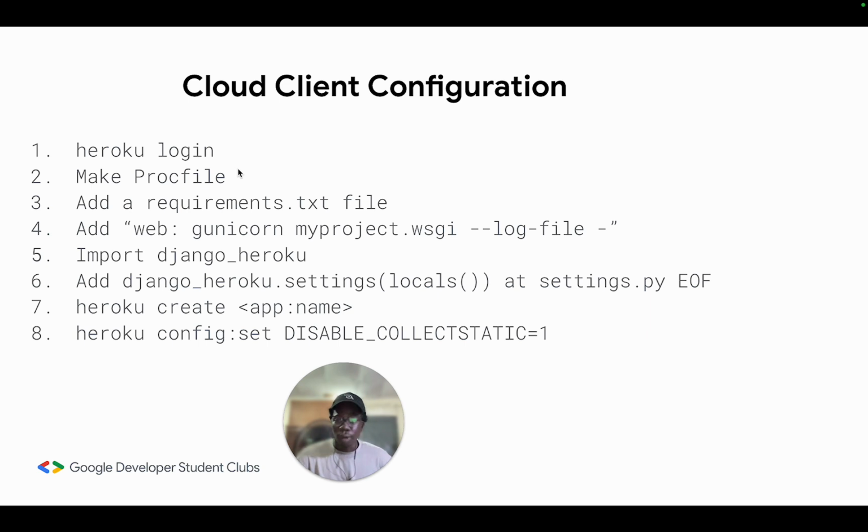So now I want to add this, web: gunicorn myproject.wsgi, to your Procfile. Basically what this does is tell Heroku to use Gunicorn. Like I said, this is a server, to use Gunicorn to navigate your WSGI file in your Django project.